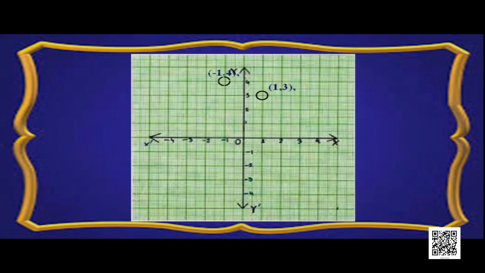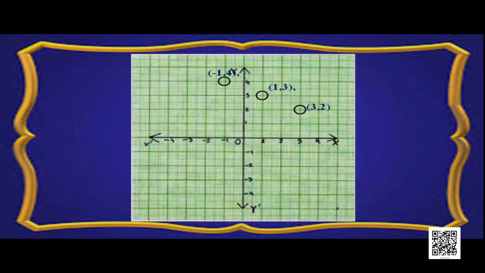So let's see another solution, that is (minus 1, 4). And let's have a look at the third solution, that is (3, 2).